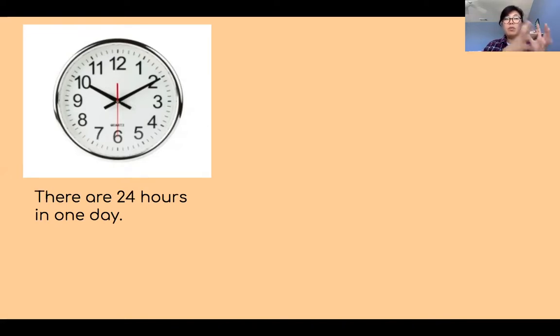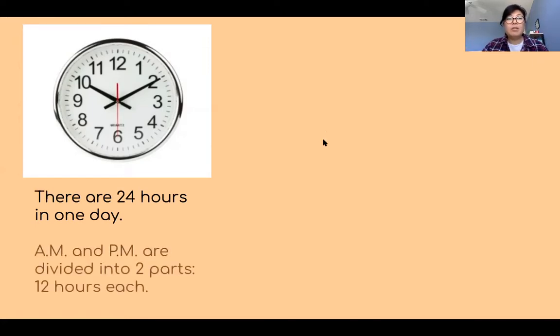There's the first 12 hours and there's the second 12 hours. When we divide into those two parts, it's called AM and PM. So remember that AM and PM. For today's lesson, we're going to be talking about AM and PM.